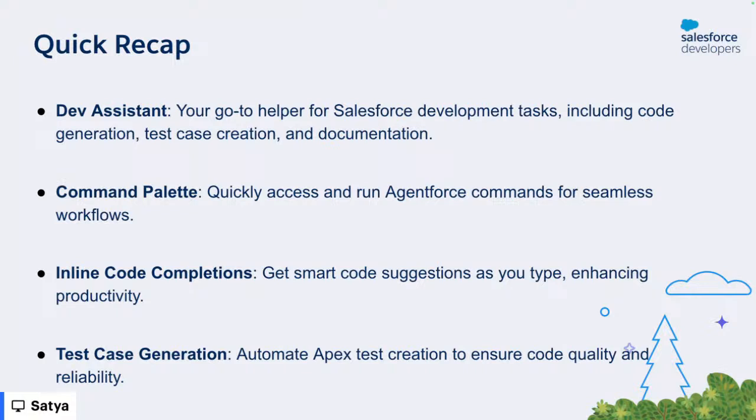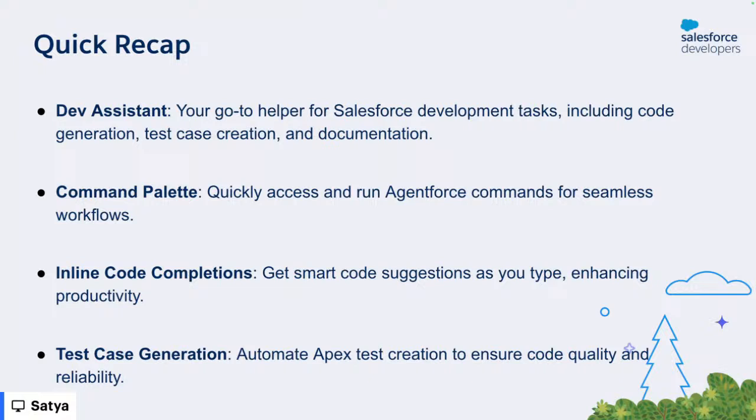We talked about Dev Assistant, which can be your go-to helper for any Salesforce development related tasks. Maybe you want to generate the code, create the test classes, generate the documentation, or have an explanation of the existing code.